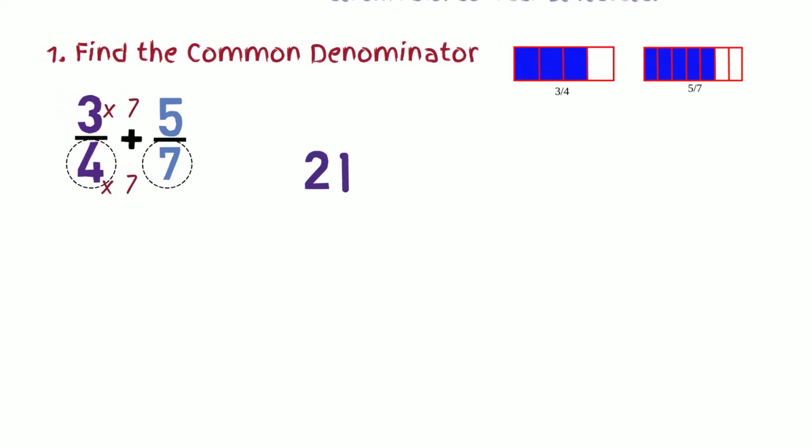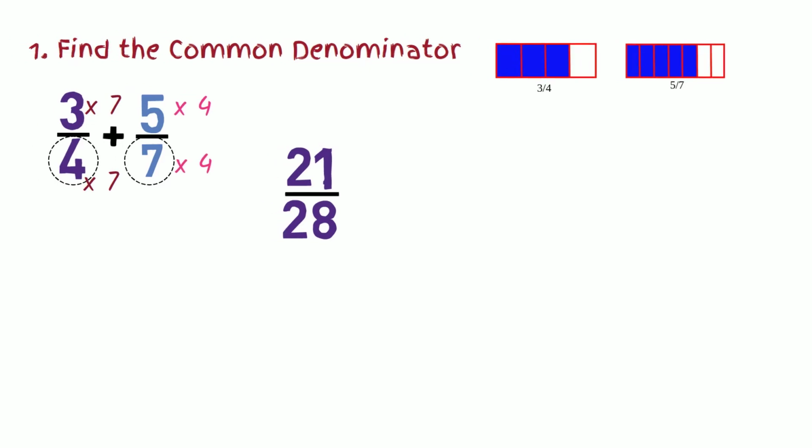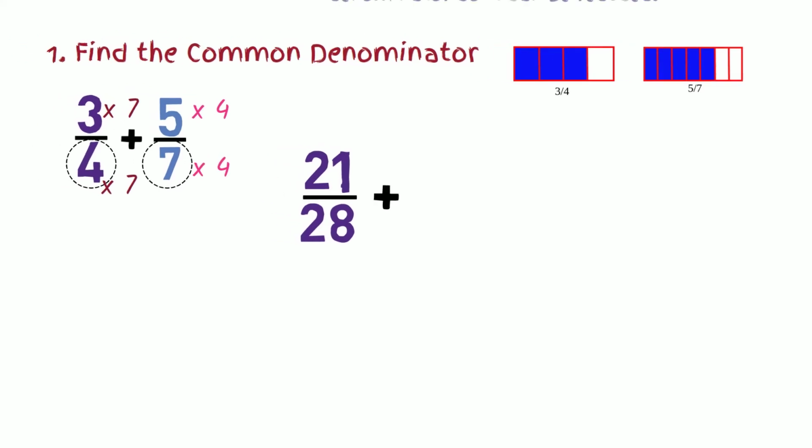So 3 times 7 is 21 and 4 times 7 is 28. So we have the fraction 21/28. 5/7 times 4/4. So 5 times 4 is 20 and 7 times 4 is 28. So we have the other fraction 20/28.